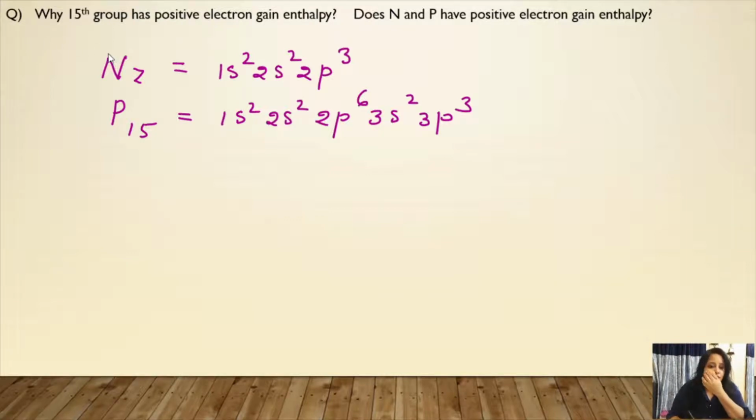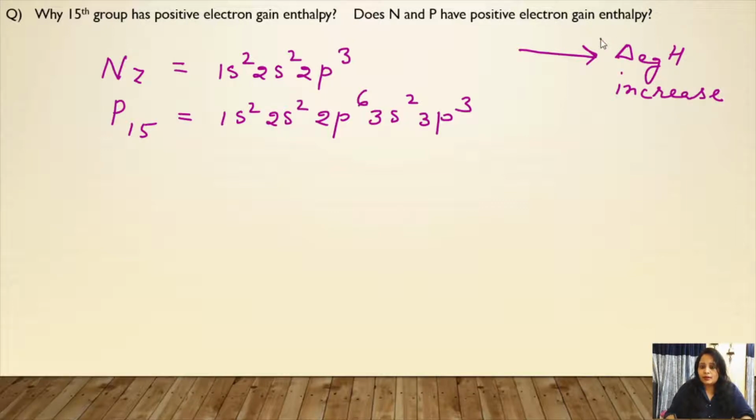They are telling group 15th or the nitrogen or phosphorus have the positive electron gain enthalpy. The regular trend says from left to right, electron gain enthalpy increases, the negative one, okay, and from up to down, it will decrease.